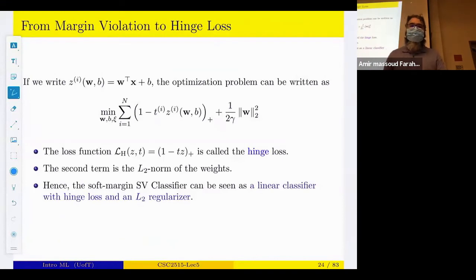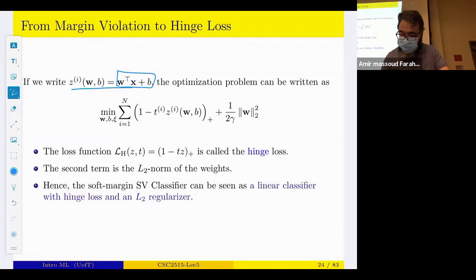So if we do this, basically we can change our objective of the soft margin support vector classifier to this objective, where I denote z_i as a function of W and B, which is just W transpose X plus B. And then I put that term, that z, into the objective.